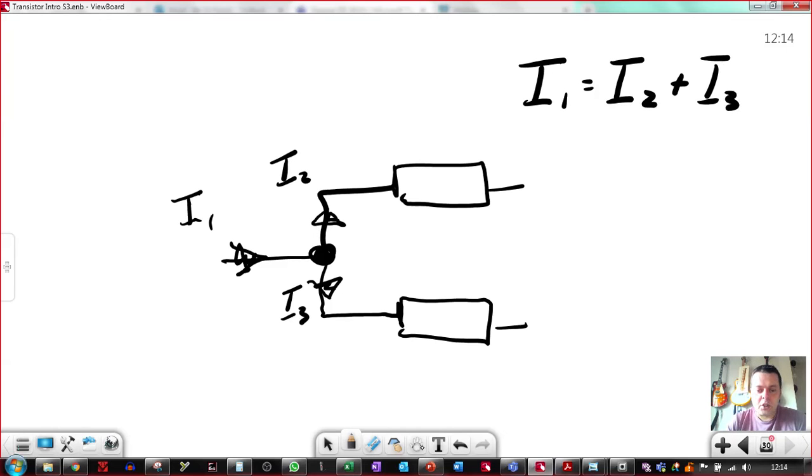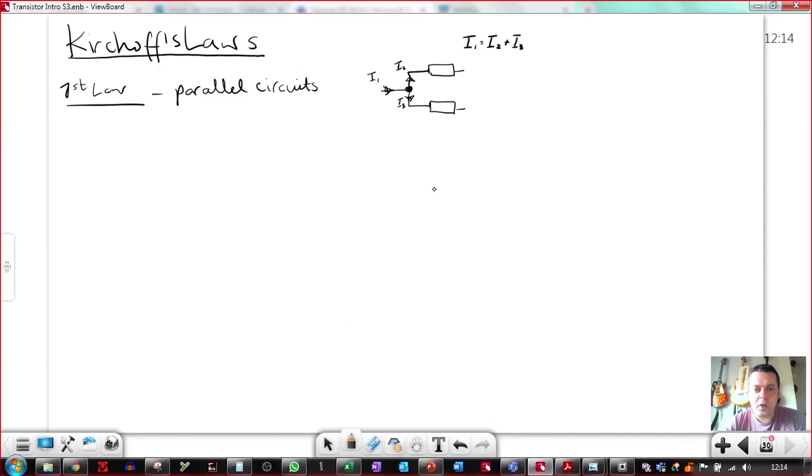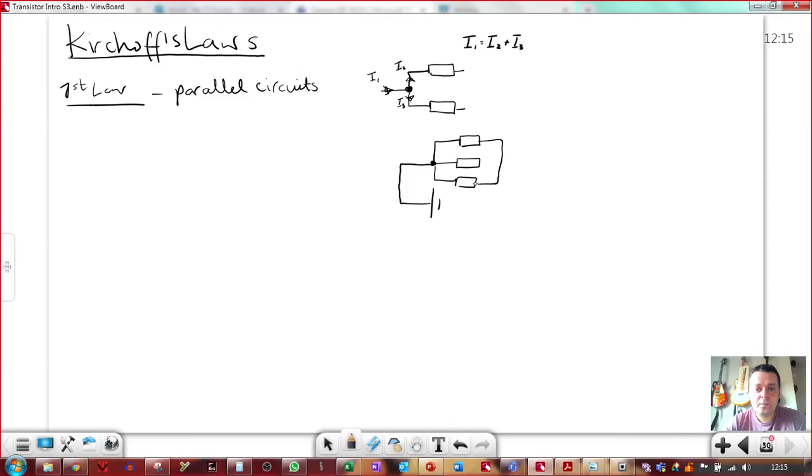Okay, there's another way to think about this, and that's if you've got a complete circuit, there's a parallel branch here, 3 resistors in it, and that goes back to supply.